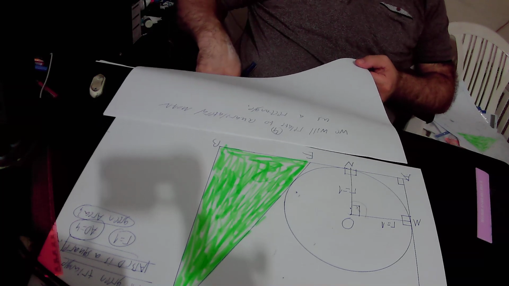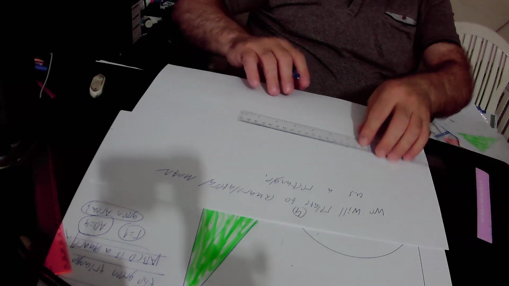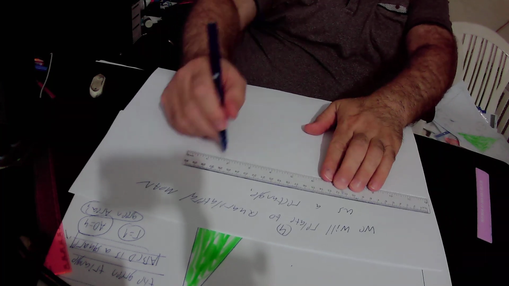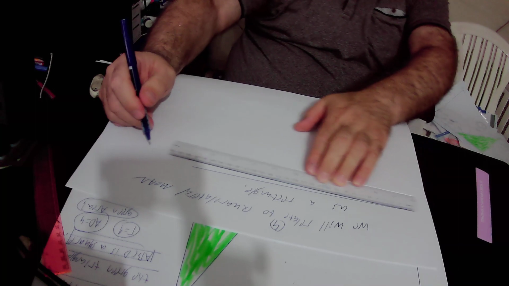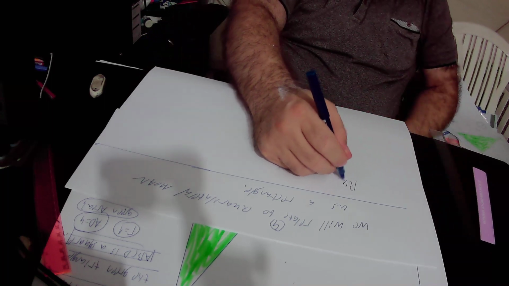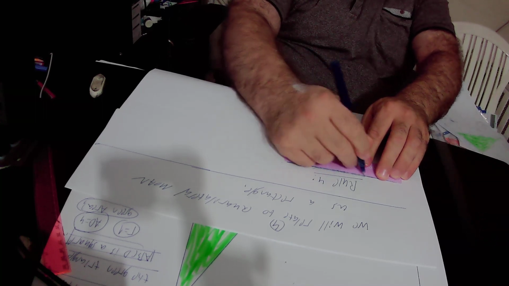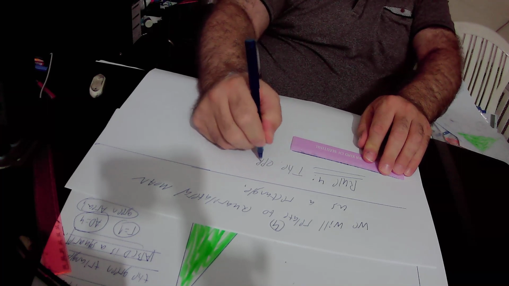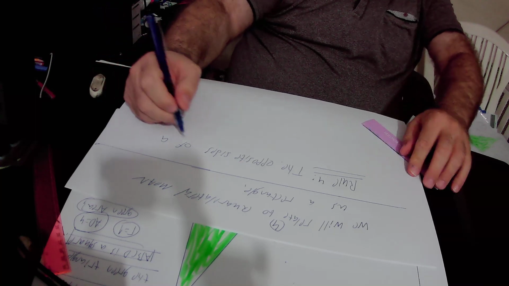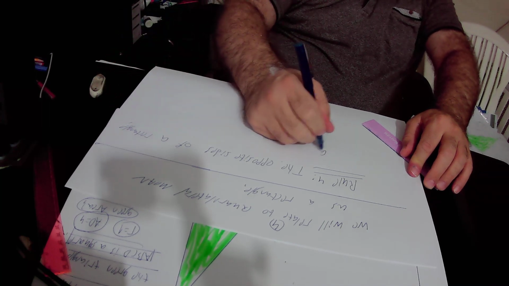And we also have rule number 4, that states that the opposite sides of a rectangle are equal to each other.